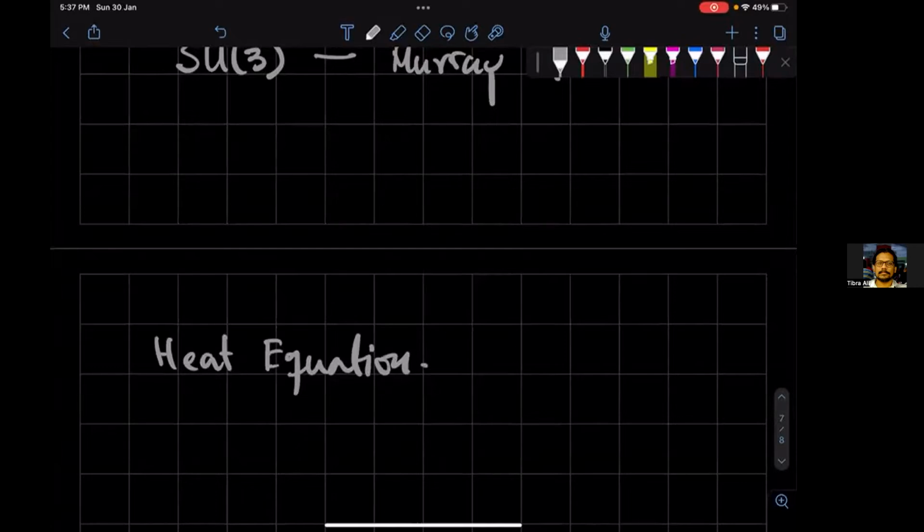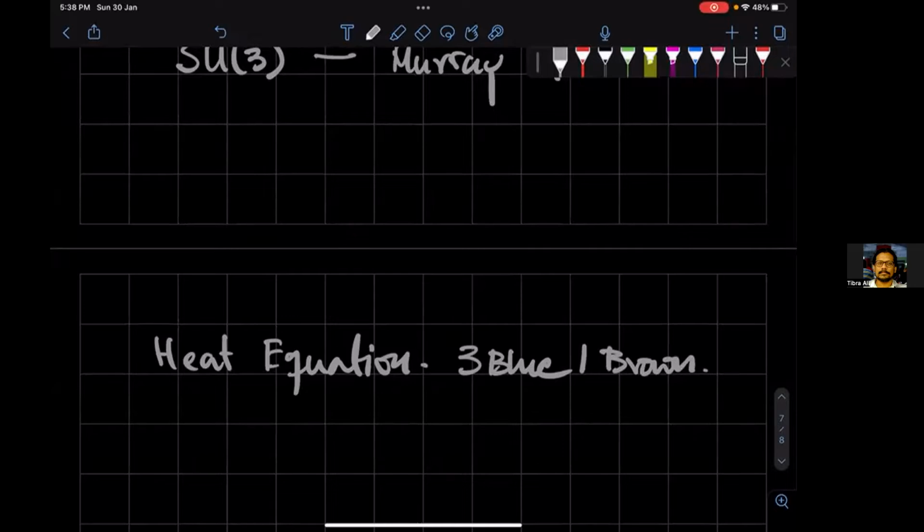Because it's a linear equation, if you find two solutions, and if you add them and they have the right boundary condition, that's also a solution. And if you're interested in how the heat equation gave birth to Fourier series, there's a wonderful video by 3Blue1Brown that I would recommend that you watch on YouTube.